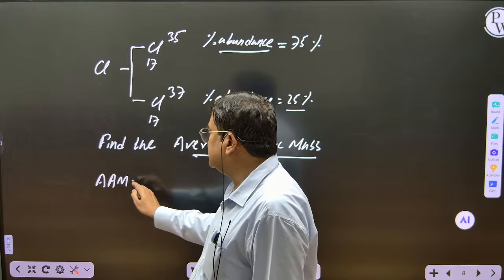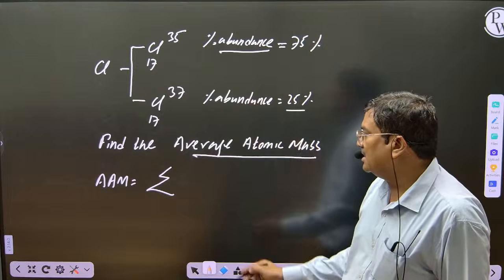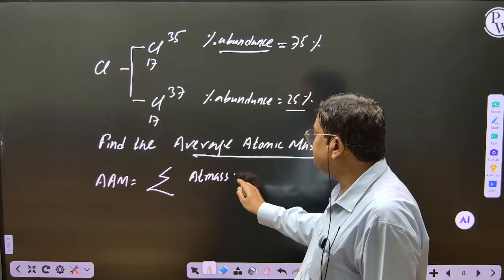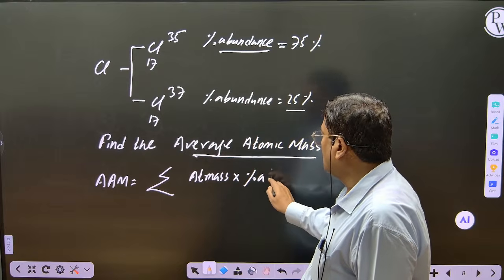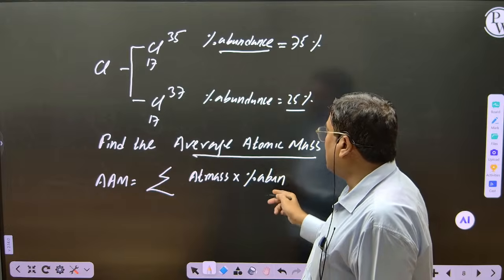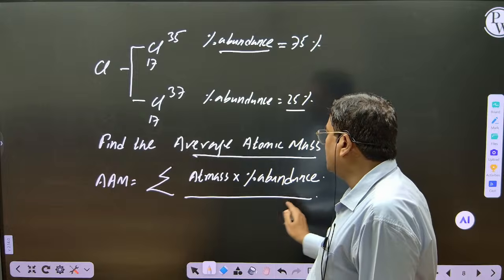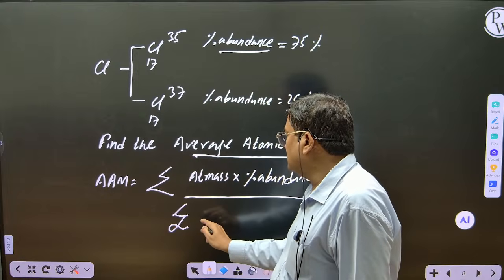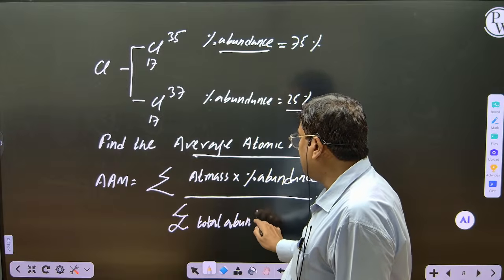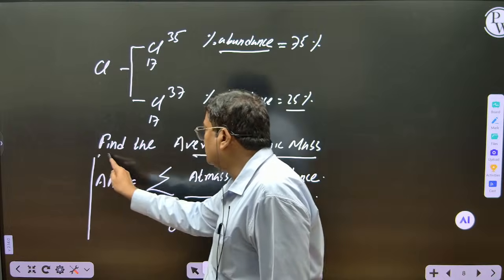Average atomic mass is equal to the summation, meaning we have to add, of atomic mass into percentage abundance, divided by the summation of total abundance. This is the relation to find average atomic mass.